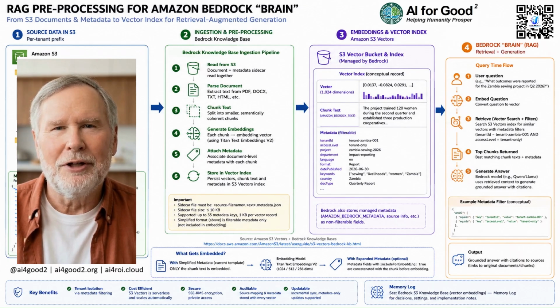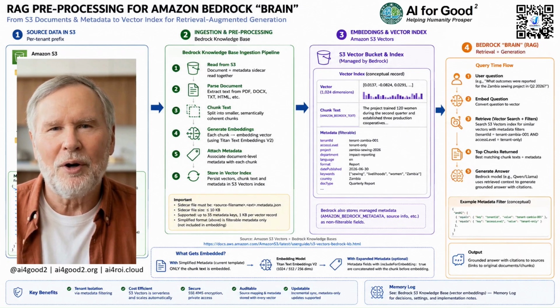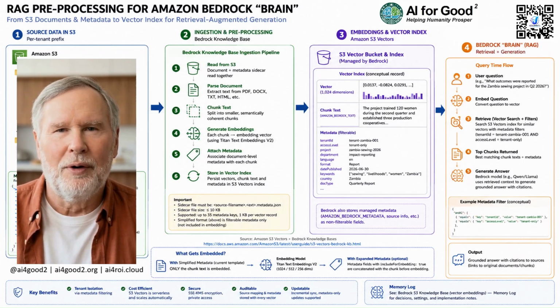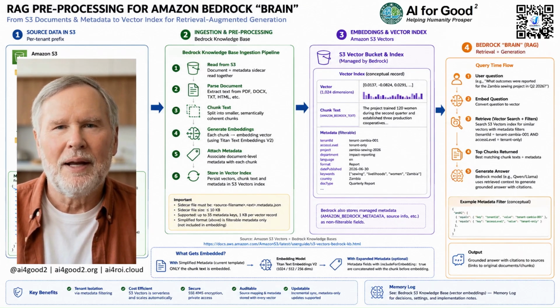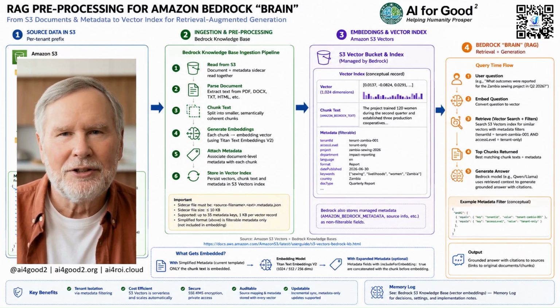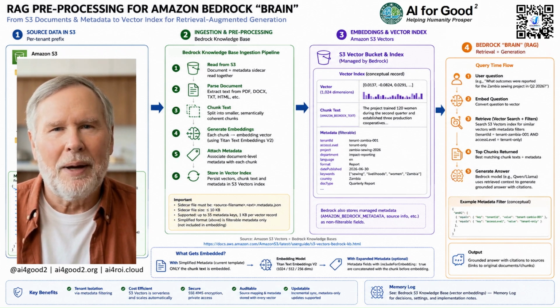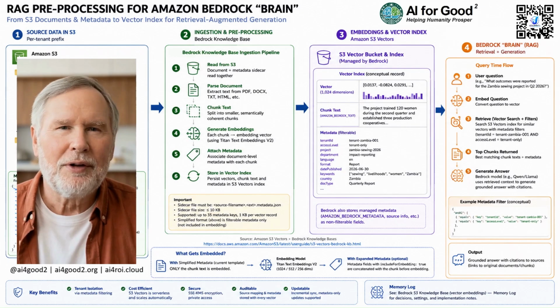Bedrock also maintains its own managed metadata, source information, etc., as non-filterable fields. This dual storage approach ensures both lightning-fast semantic search and precise filtering by tenant, access level, project, or any other attribute without ever embedding the metadata itself into the vector.